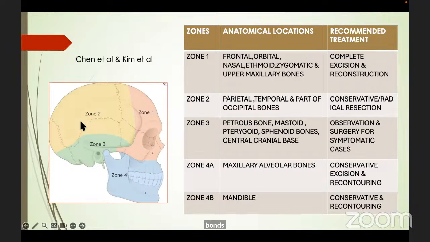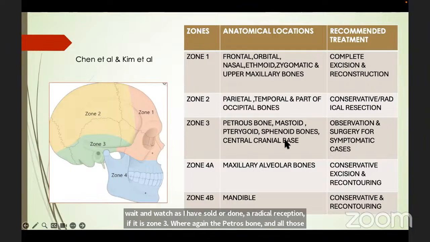If it is zone 2, then of course you can either wait and watch as I have shown or do a radical resection. If it is zone 3, where the petrous bone and all those things are involved, where all the major blood vessels and venous structures are there, then surgery only for symptomatic cases.